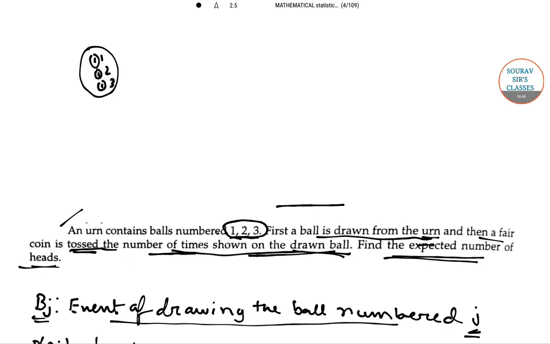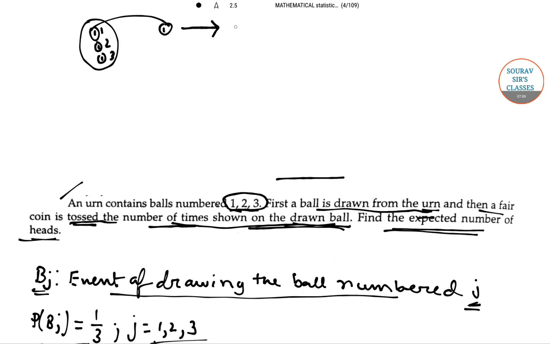Now the first ball is drawn from the urn and then a fair coin is tossed the number of times shown on the drawn ball. That is, if the ball which is drawn shows the number 1, then we'll toss the coin once. Now if we toss the coin once, then there are two possible outcomes. Either head will come or tail will come.